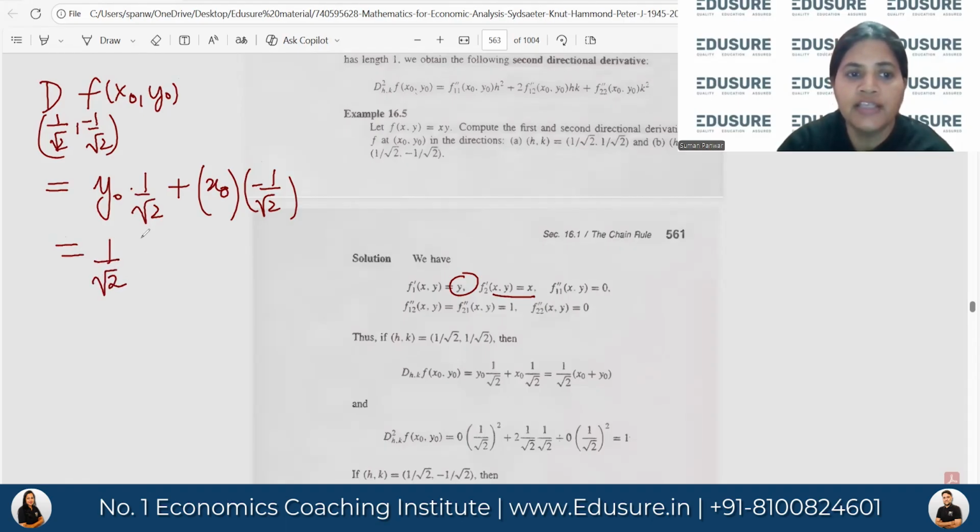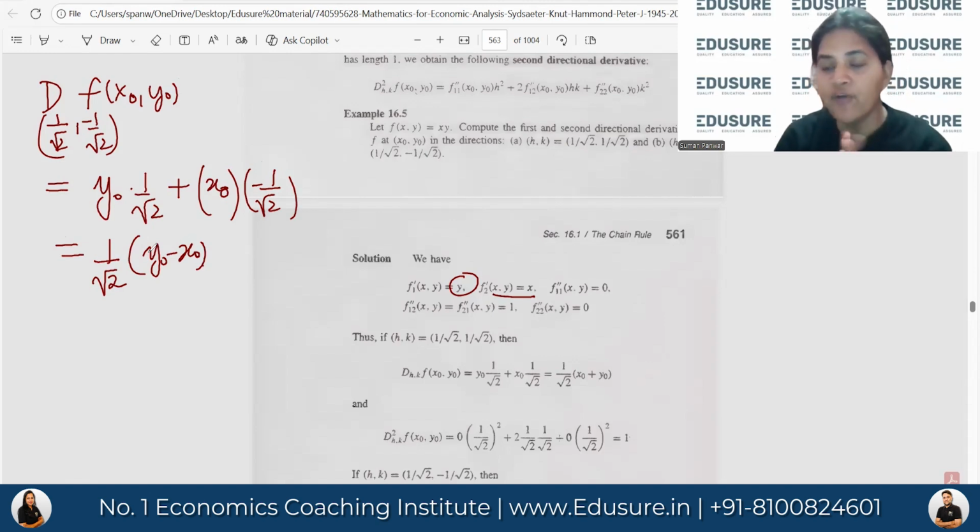So in this particular case, it will be 1 by root 2 times y naught minus x naught. So this is how we can calculate the directional derivative of a function at a point in the domain along a direction hk, where the magnitude of hk will be 1.